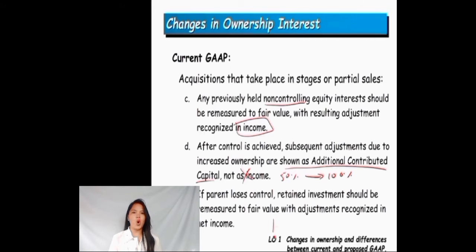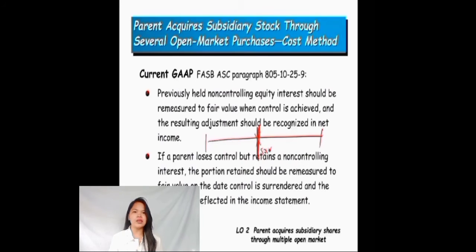So this is anything from 50% to 100%: when we have control and increase our control, or reduce our control but still have control. When the parent loses control, that means we're going from above 50% to less than 50%. Now you're going to retain an investment.